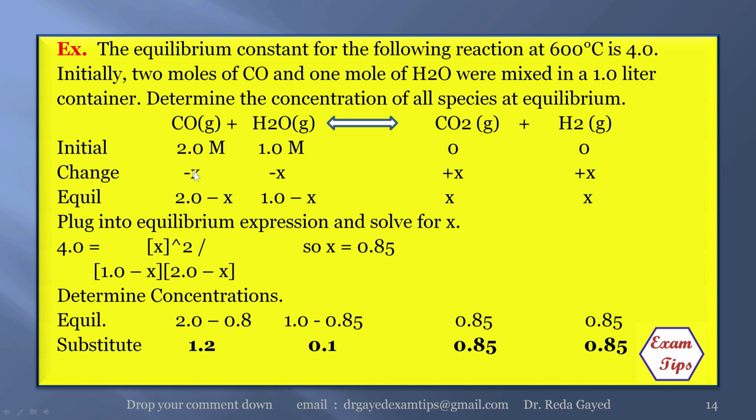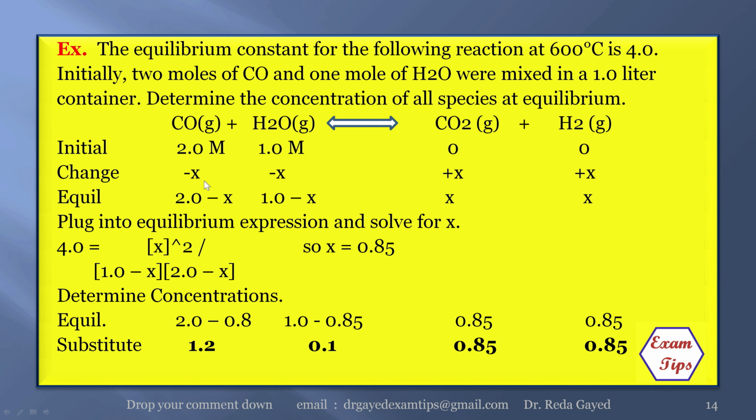Since carbon monoxide will lose some concentration. And why just 1X? Since the coefficient here is only 1. Same for water in gaseous state. To produce carbon dioxide, which is plus X, it will gain something. That's why it is positive. And hydrogen will gain X as well.